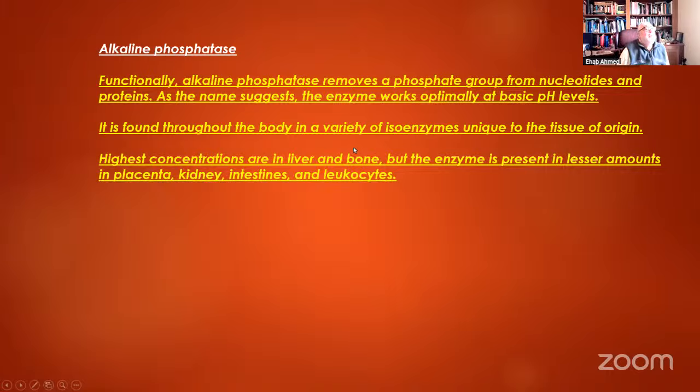It is found mostly in the bones and liver, but it could be in other tissues, as we are going to see. And we have different isoenzymes, at least 4 of them. It is present in the placenta, in the kidney, intestine, and leukocytes. I didn't see muscles for dear friend who mentioned muscles.